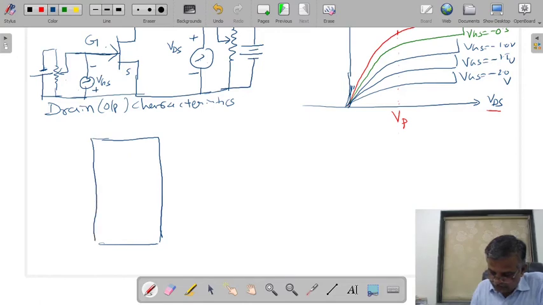I want to discuss why this graph is shifted down. These are the basic cross sections we have discussed just now.